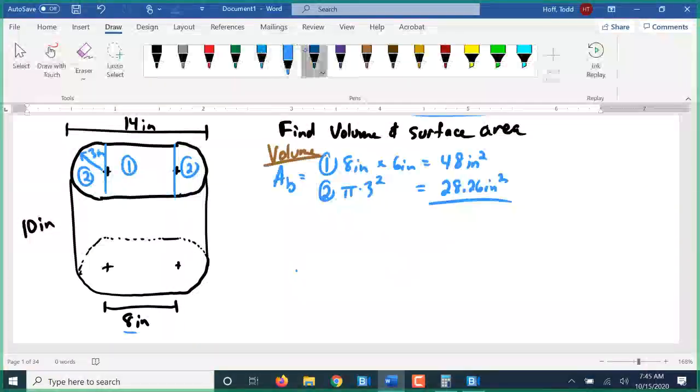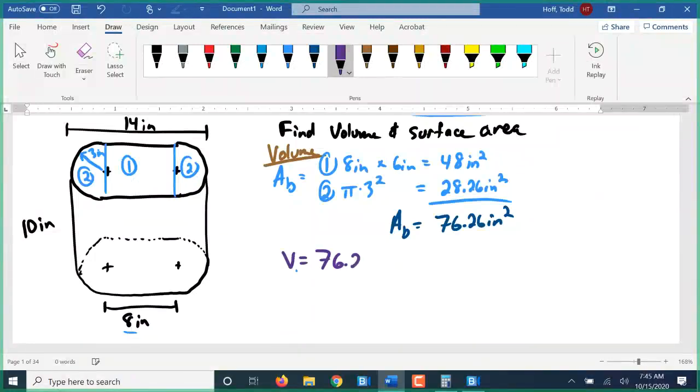We add those together to get the area of the base is 76.26 square inches. So then our volume is that area of the base, 76.26 square inches, times the height of 10 inches, for a volume of 762.6 cubic inches.